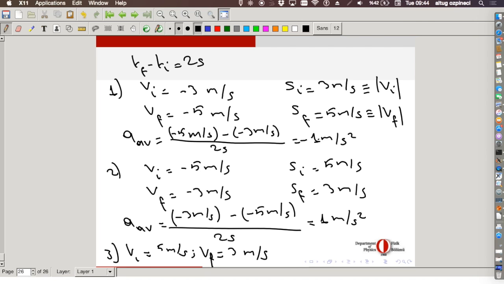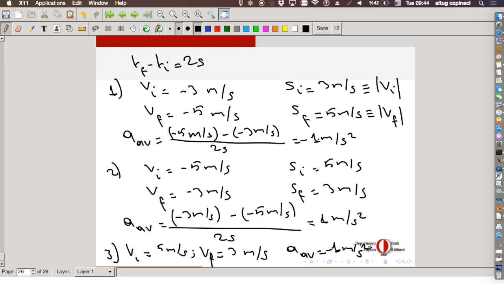In the first case, the object is speeding up and the speed is increasing. In the third case, the object is slowing down and the speed is getting smaller and smaller. But in both cases, the acceleration is still the same. Average acceleration is -1 meters per second squared.